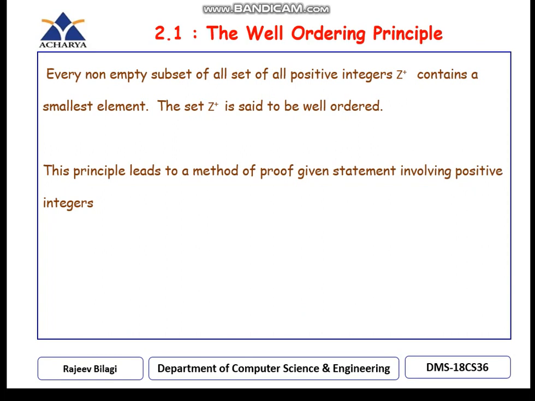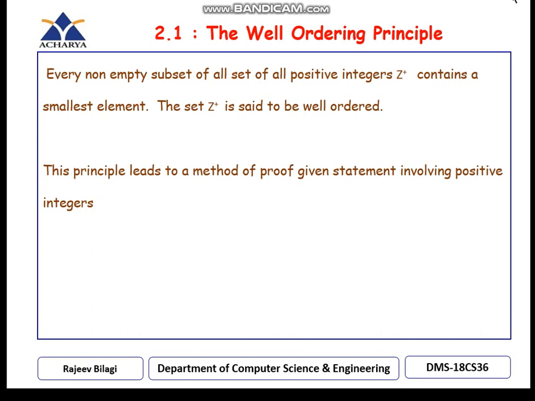But a subset of this Z, which contains the set of all positive integers, is denoted by Z to the power of plus, which is going to play a very important role in establishing certain results or certain theorems. This Z plus is going to play a very important role in mathematical induction also.